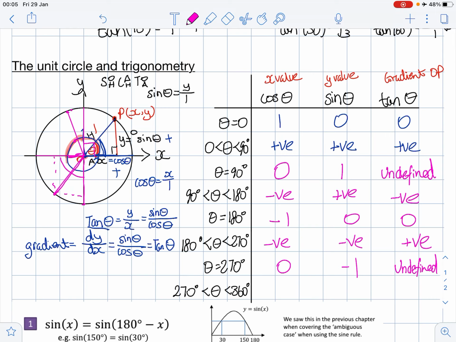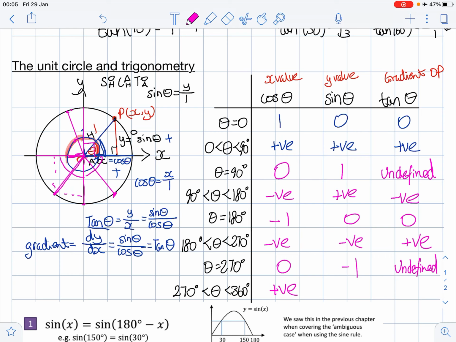Then finally, looking at our thetas between 270 and 360, which is this part here, let's pick a point here. My x value is positive, so my cos theta is going to be positive for thetas in this range.